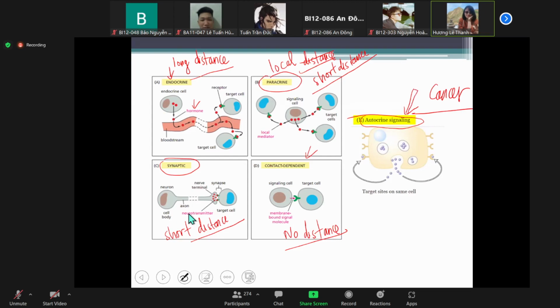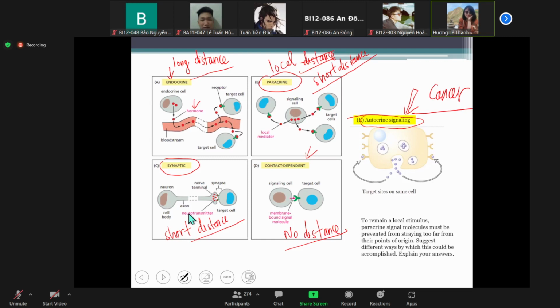So what about the local distance? Can you tell me the characteristics, the different ways by which a cell could remain a local stimulus? These kinds of ligands cannot move too far away from their areas, but just want to send information to the cells surrounding them only.